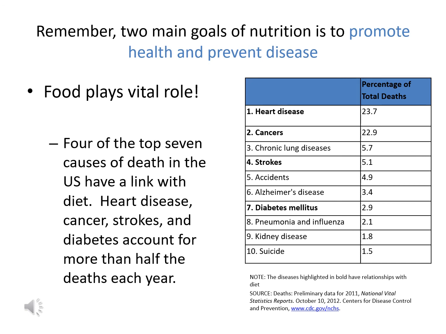Heart disease listed as number 1, cancers number 2, strokes number 4, and diabetes number 7. Each one of those has a direct association with poor nutrition. And as we go through the course, you're going to see what some of those connections are. Specifically, as we go into Chapter 18, which deals with the chronic diseases and the relationship to nutrition, you're going to see very, very strong correlations.